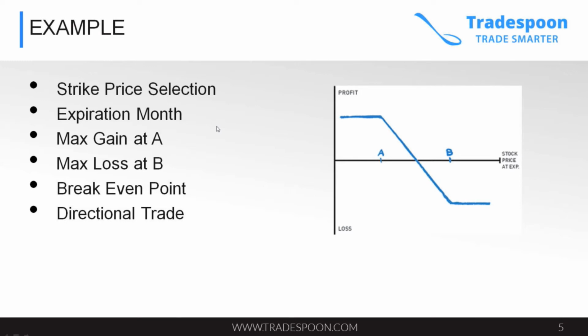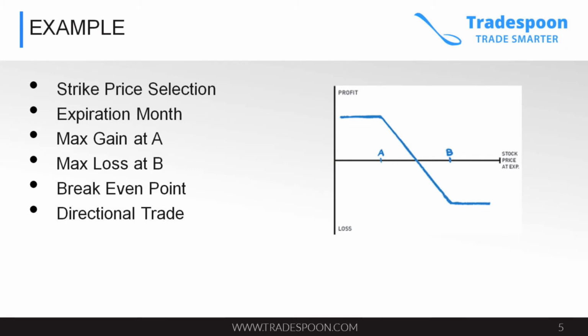Example, strike price selections, point A and point B. You're buying the put at point B, you're selling the put at point A. We're talking about expiration months, 50 to 75 days. Your maximum gain occurs at point A. If the stock drops below point A, that's your maximum gain.